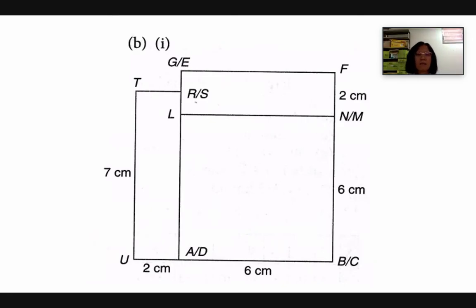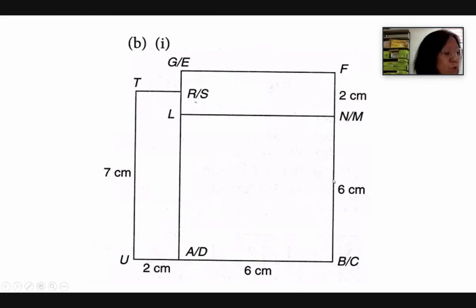That's why you can see TRAU, it is a rectangular shape. You cannot see the curve. The R is at the front, and of course the S is behind.